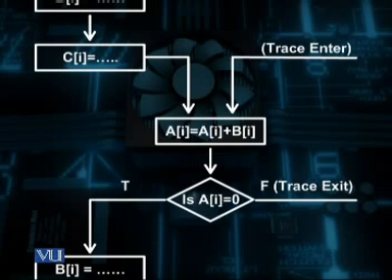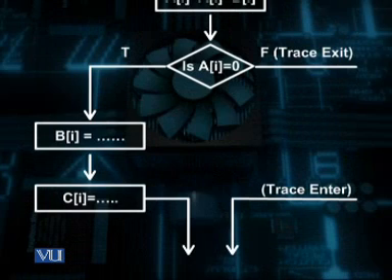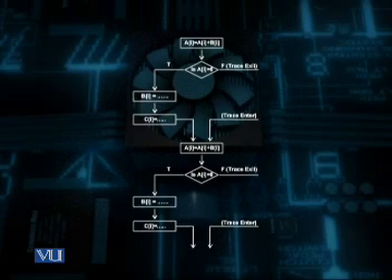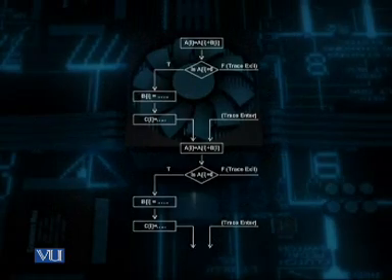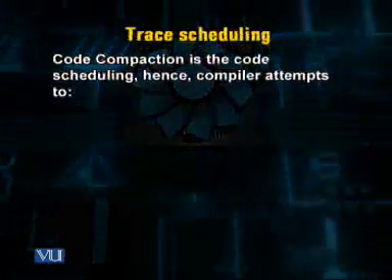Here we have shown 2 blocks, but this is to be extended for 4 similar fragments. Here you can see that the trace exit is a jump off the frequent path and trace entry is a return to the trace.